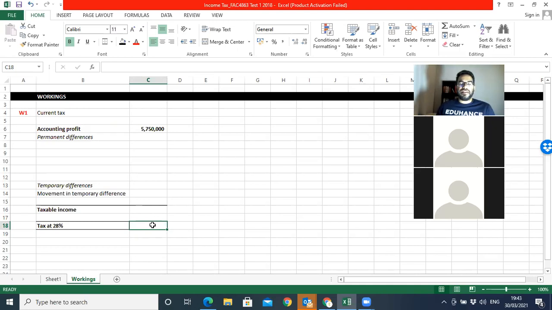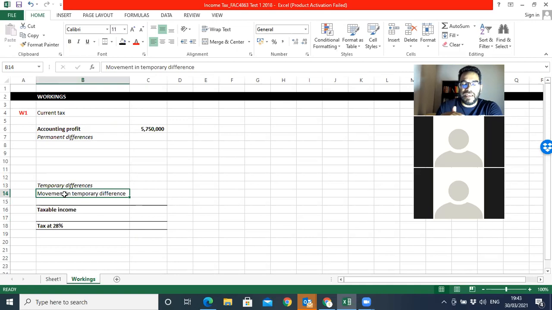Now the differences are twofold: temporary and permanent. We don't list the various temporary differences because we have already listed them in the deferred tax calculation. So we just go fetch it from the deferred tax calculation. But we must list the permanent differences because we're not showing them anywhere else.